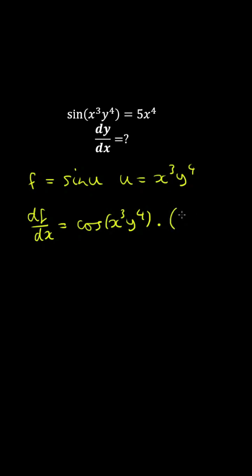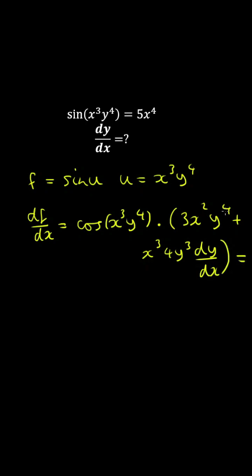So using the product rule, we have 3x squared y to the 4, plus x cubed by 4y cubed dy/dx. And now we can set all of this equal to the derivative on the right hand side. So that will be 20x cubed, and then we can solve for dy/dx and get the final result.